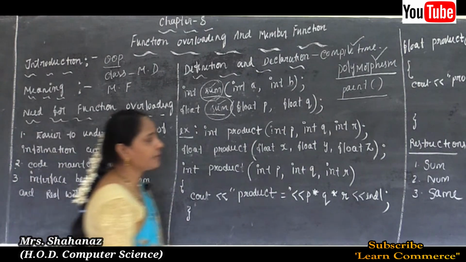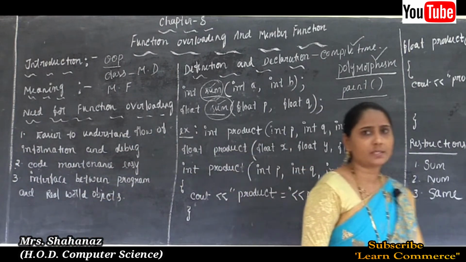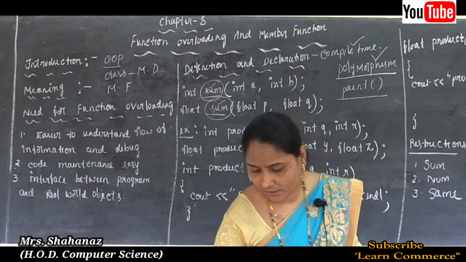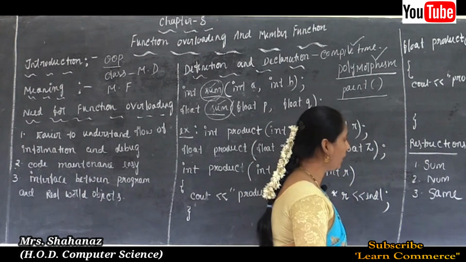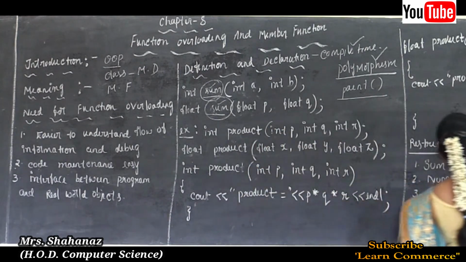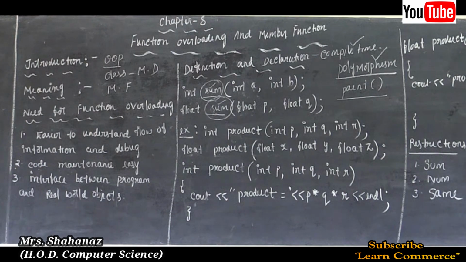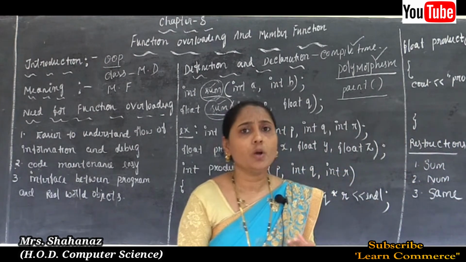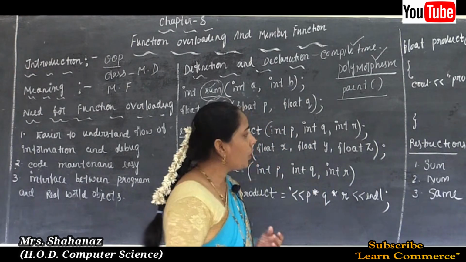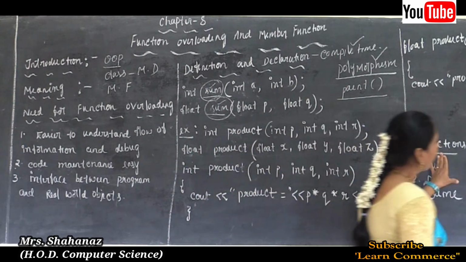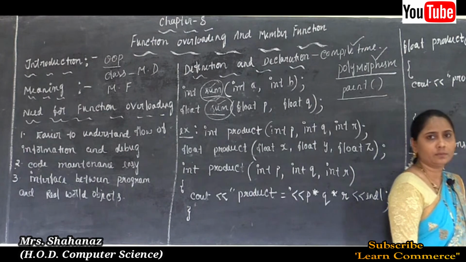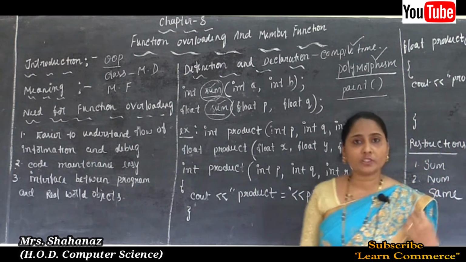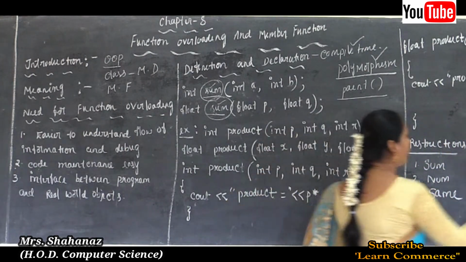And later, next one about our restrictions. So what about the restrictions in our function overloading? In our restrictions about function overloading, that means the disadvantages of function overloading. So each function in an overloaded function set must have a different argument list.